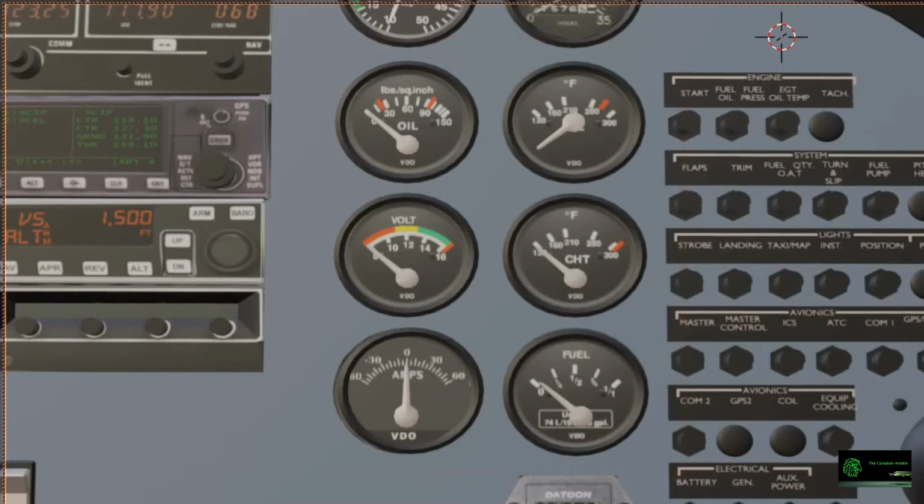This particular airplane, the DA-20, has the oil pressure indicator, the oil temperature indicator, the voltmeter, the CHT or cylinder head temperature, in this case in degrees Fahrenheit, the ammeter, and one fuel gauge for the single tank the DA-20 is equipped with. Typically, you find 2 fuel gauges in a light aircraft, 1 per tank.